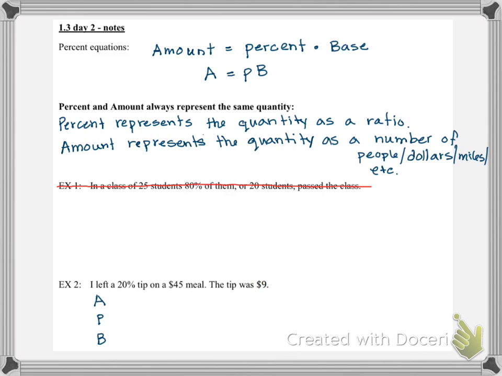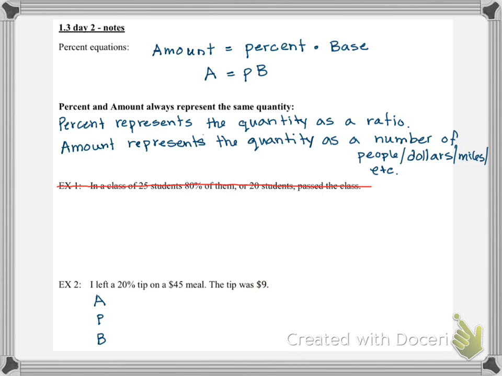So in this case, what does that 20% represent? It's the percent. So when I said 90% of people pass the class, that 90% represents the students that pass. So in this case, that 20% represents the tip, right?